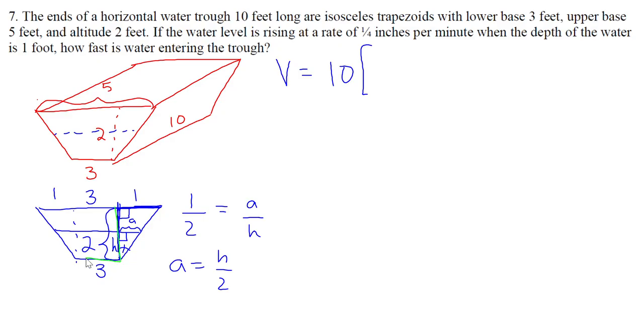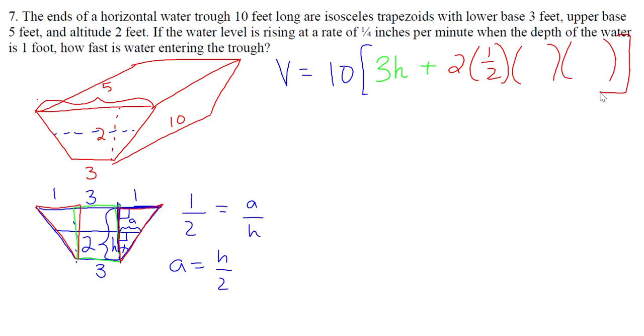This rectangle here is 3 times H. And then we're going to add to that 2 of these triangles that I'm going to sketch in red here. And I have 2 of these triangles. So that's going to be 2 of these, 1/2 of the base times the height. And so the base is going to be this value A, and the height is going to be the H value that we're looking for.